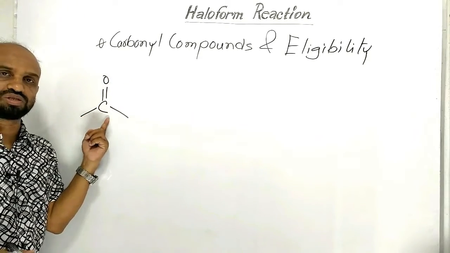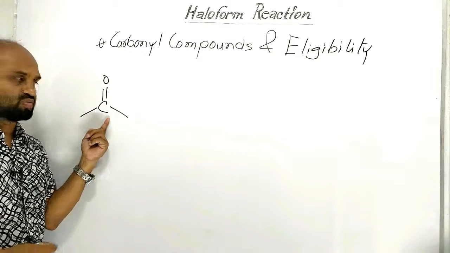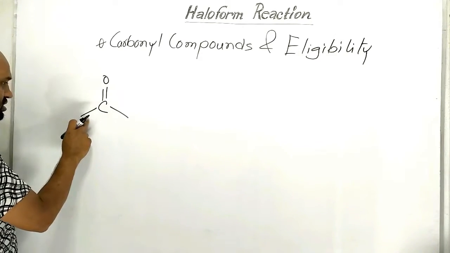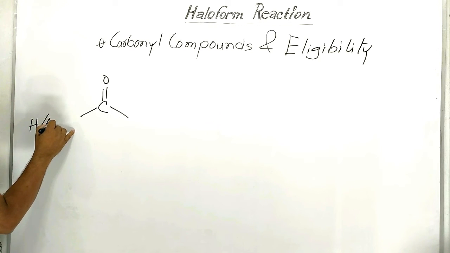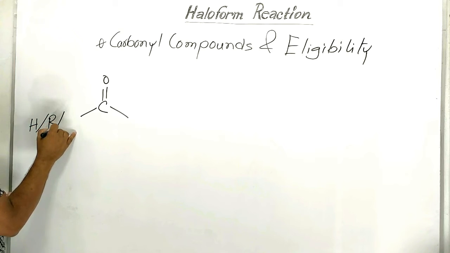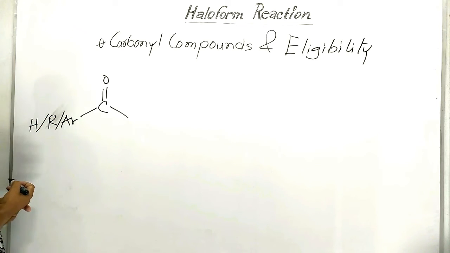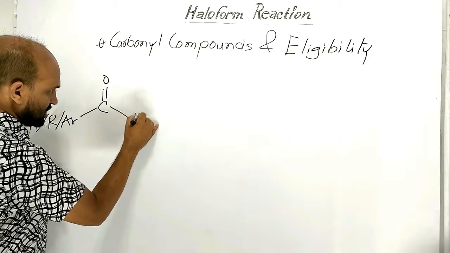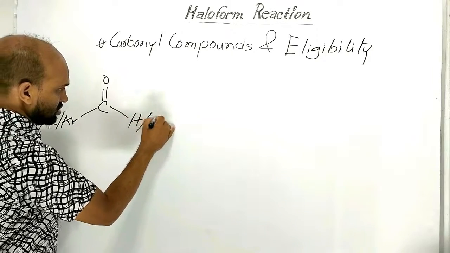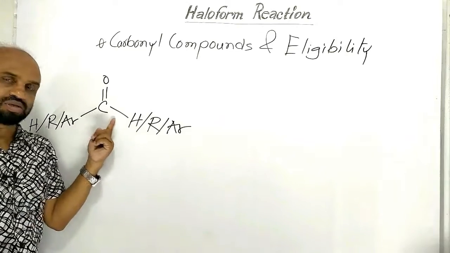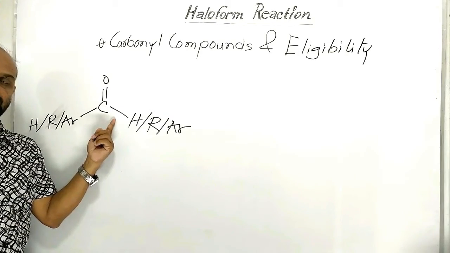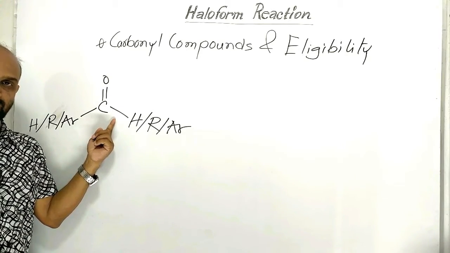CO group is known as carbonyl group. When both the hands are satisfied with hydrogen or alkyl group or aryl group, then the compound formed will be carbonyl compound.